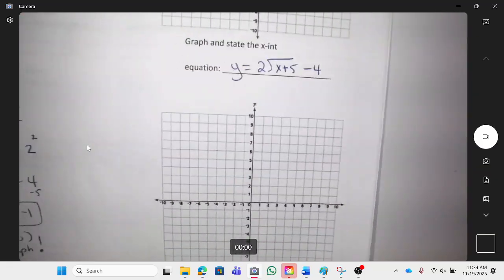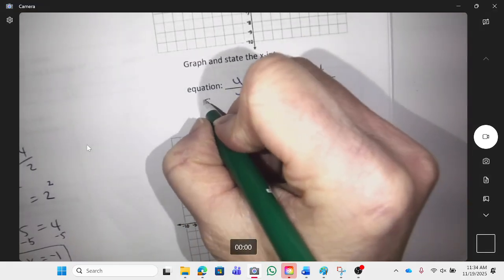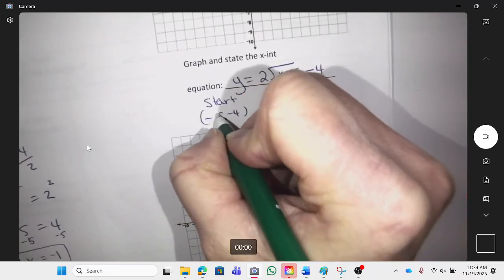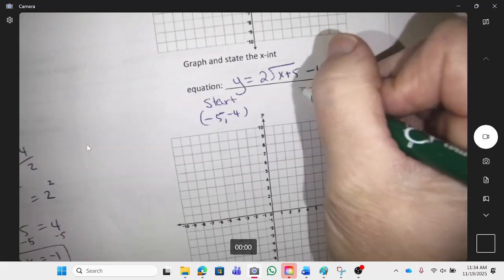Okay, so it was already on one side, so that's good. So I'm going to just do that graph. Y equals this function. So where do I start?